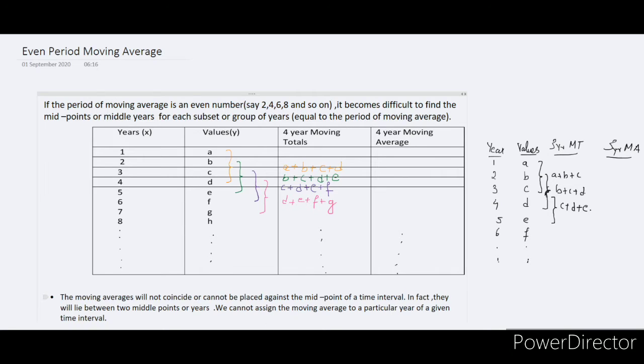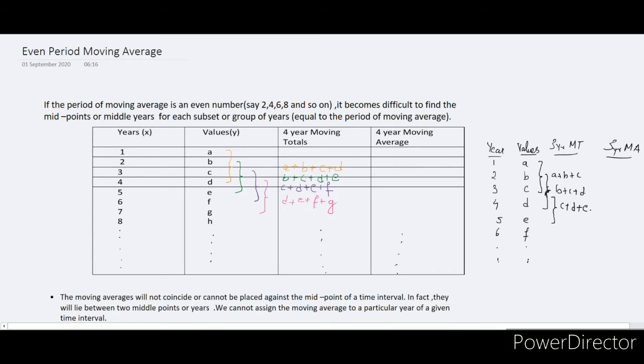Okay, so we'll take a look at how that becomes a problem. If you look at this example here, where we have your year variable, which is denoted by x, sometimes by t, and it runs from 1 and so on, with your y values. Let us take the example of a 4-year moving average.